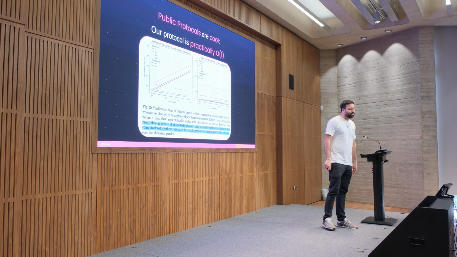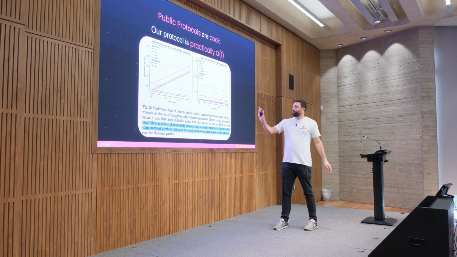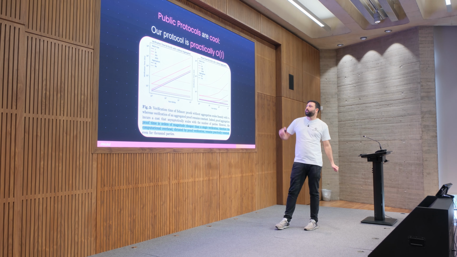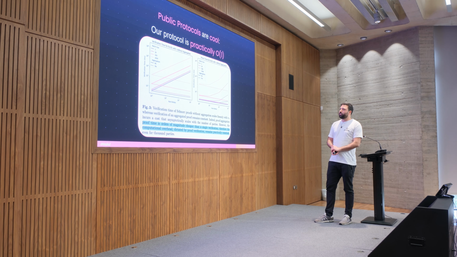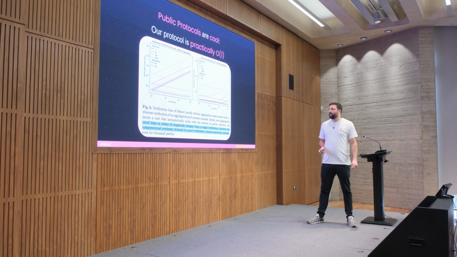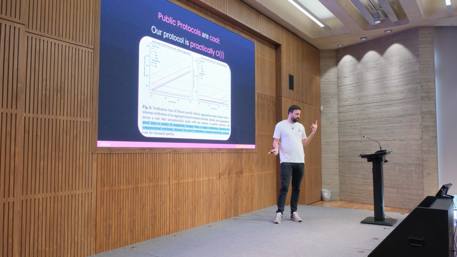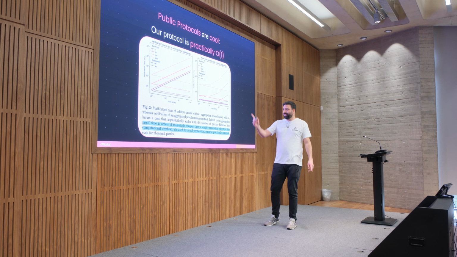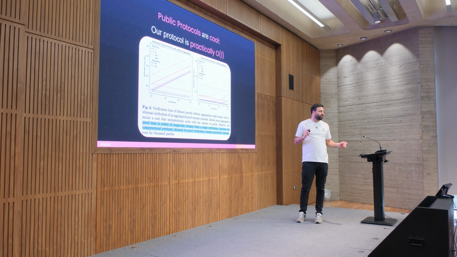And it can be shown in these graphs. The left one is for verification. The right one is for proof. And the dotted one is if you do have aggregation, and the straight lines are if you don't have aggregation. So obviously, if you do have aggregation, verification is constant because you verify one proof. And obviously, if you don't have proof aggregation, it's linear because you have to verify each of the proofs of every party.